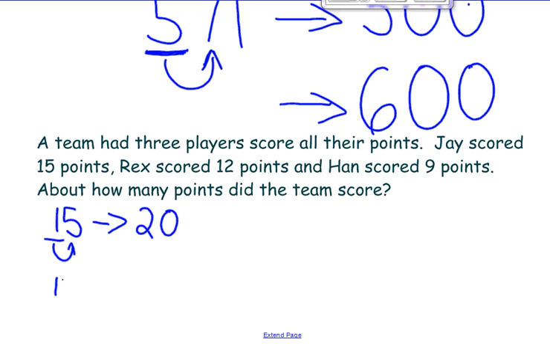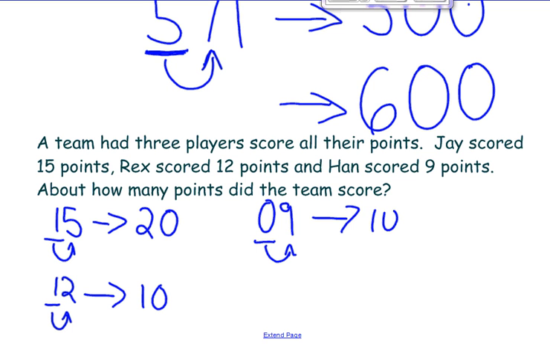Our next number is 12. Found our tens. We look back. And we see the number 2, which is less than 5. And so we're going to round down to 10. And then finally, we have our 9, right? Which, of course, would be the same as 09. We just don't see that 0. So our tens place is a 0. We look back, and we see 9. 9 is greater, and so that's going to round to 10.